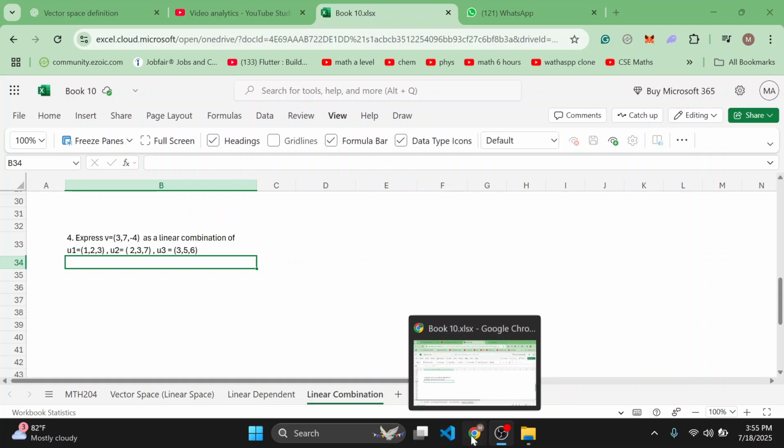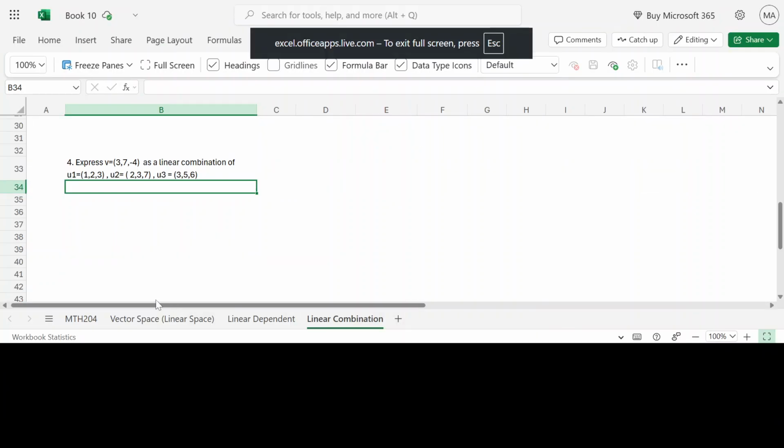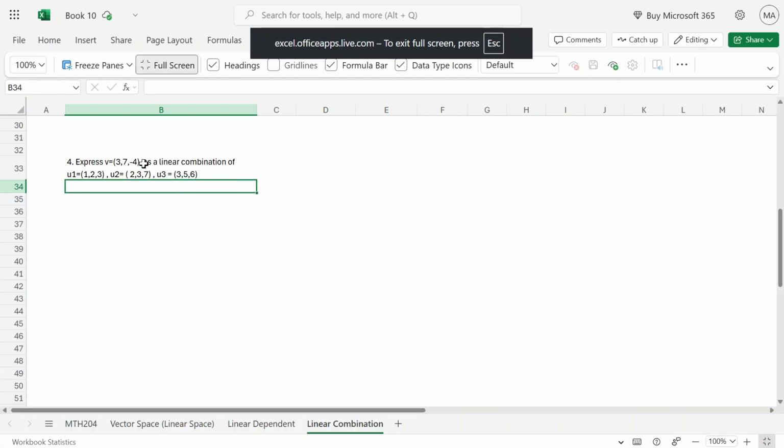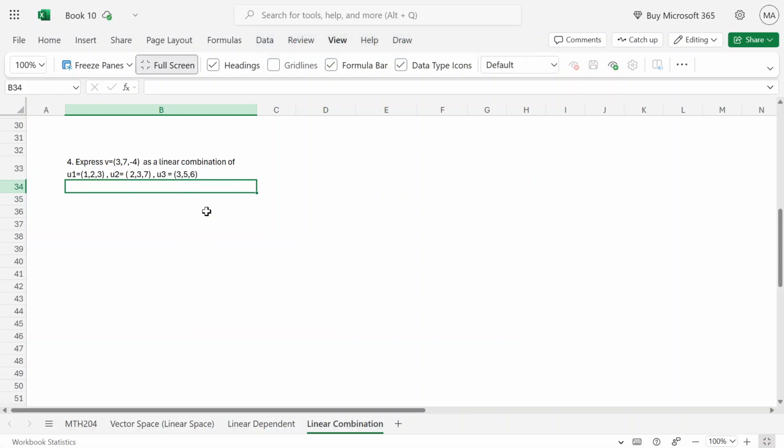Okay, now let's solve this equation. They said our V is 3, 7, minus 4, and then they give us some other vectors, and they said we should find if this vector is a linear combination of all these. Now we write our equation: a times u1 plus b times u2 plus c times u3 equals v.